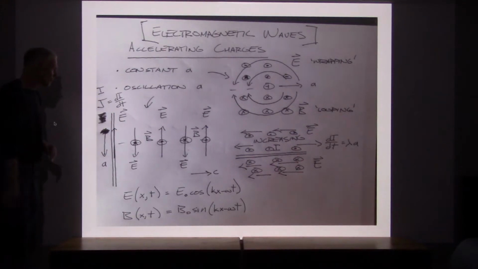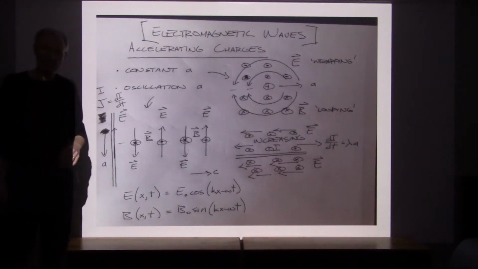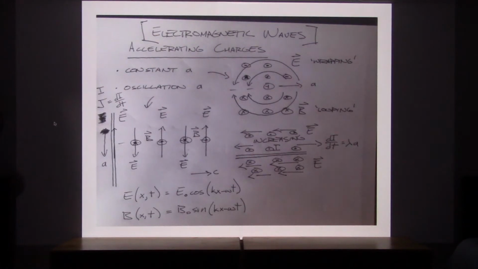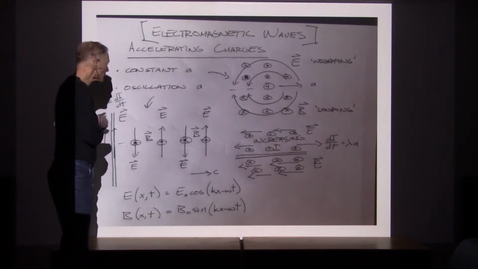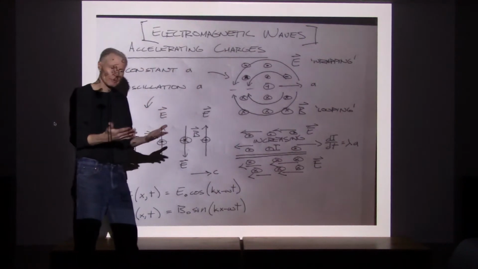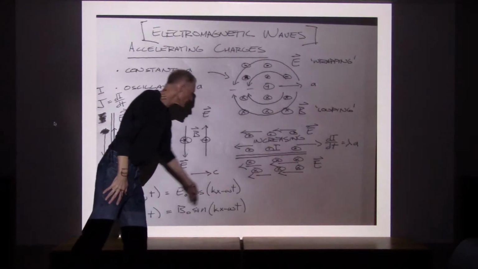I can write down the same thing for the magnetic field. All right. So that says that the strength of the electric and magnetic field varies by position. And even if I pick one position, it's going to vary in time.